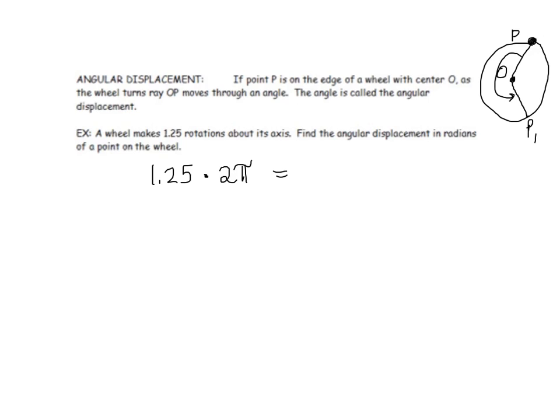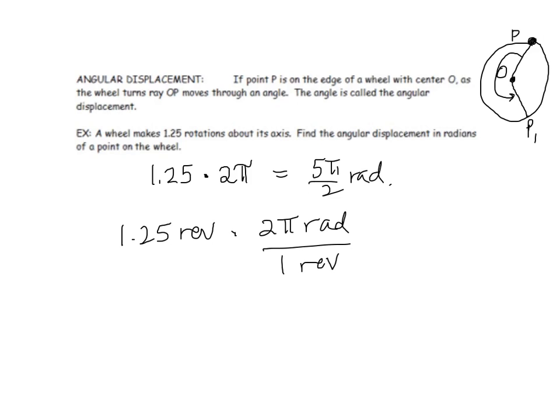Just multiply through by this, and you would end up with 5 pi over 2 radians. Another way to think of it is 1.25 revolutions times 2 pi radians in 1 revolution. And when you notice the revolutions cancel, it's the same basic thing, but this would still be 5 pi over 2 radians.